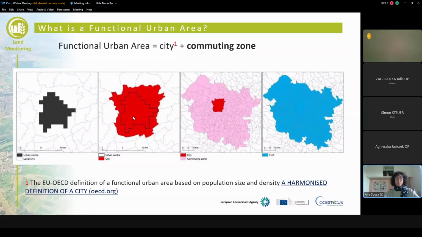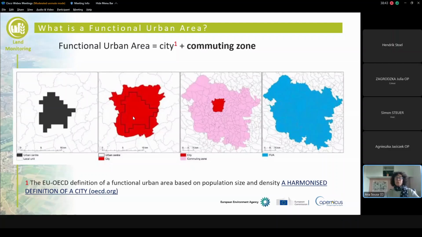The second step is to identify a city, which is one or more local units, so more administrative units, that have at least 50% of their residents inside an urban center. Then we move to identifying the commuting zone, which is a zone of contiguous local units that have at least 15% of their employed residents working in the city.